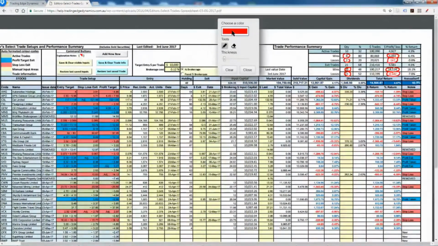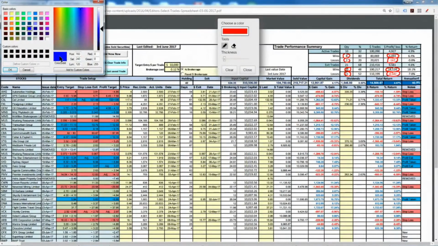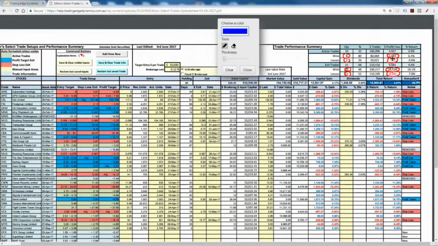The total return is the sum of the current active trades and the exited trades, giving us a total return of $14,500 over 42 days as of the weekend, representing a total return of 4.6%, or 40.9% on an annualized basis. That's pretty good, considering May is not a good month to be in the market. So when we see these stocks and their performance, we've done relatively well.